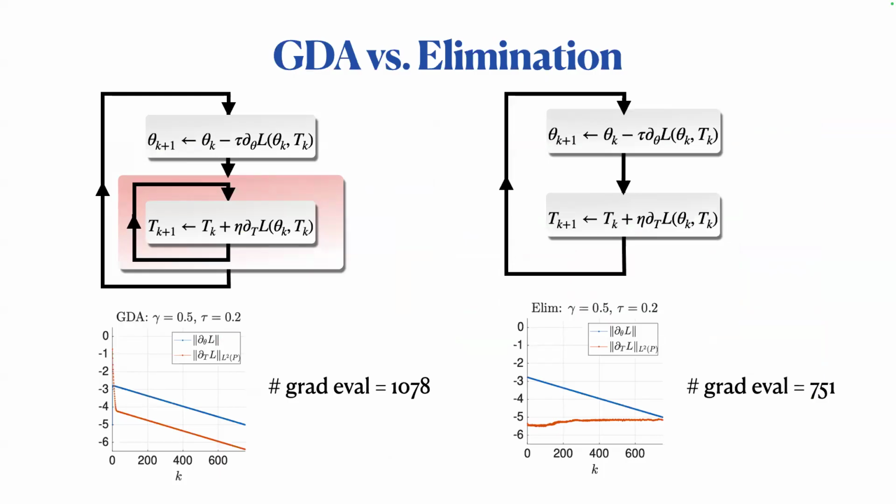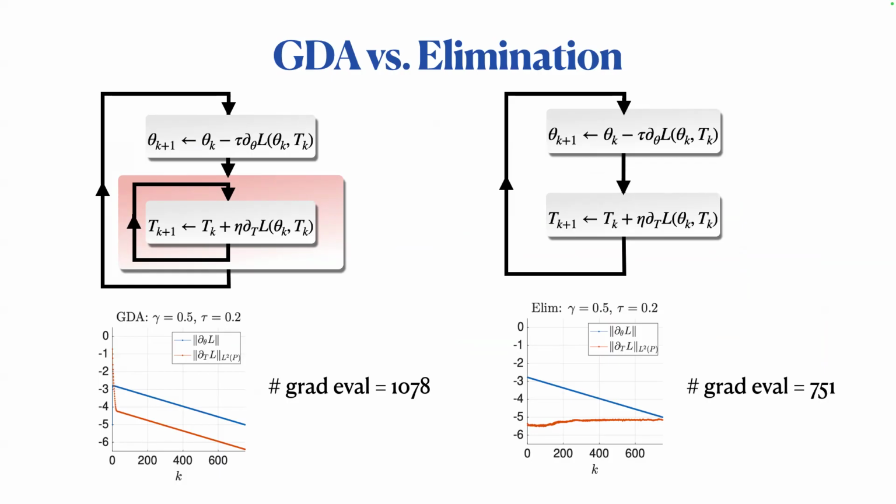Remember, I said I want to solve this with a gradient descent ascent GDA approach versus the elimination scheme. The interesting part from this experiment is that you don't have to do the elimination scheme because it's more expensive. Elimination means I have to solve the inner loop, which is my worst-case distribution, precisely before I move on to theta.